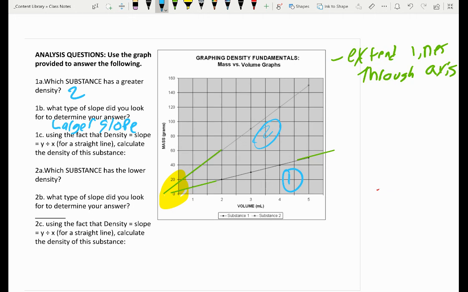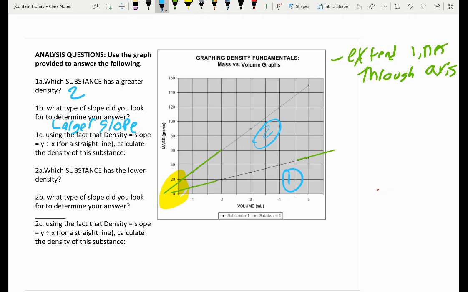Now, the second thing that we have to do is find the density, right? And you're going to find the density by finding the slope of the line. Okay? And we're going to do that by taking some points here. This is not any different than when you found the slope of lines, probably going back to your middle school days. It's no different, right? Because that slope is the density.